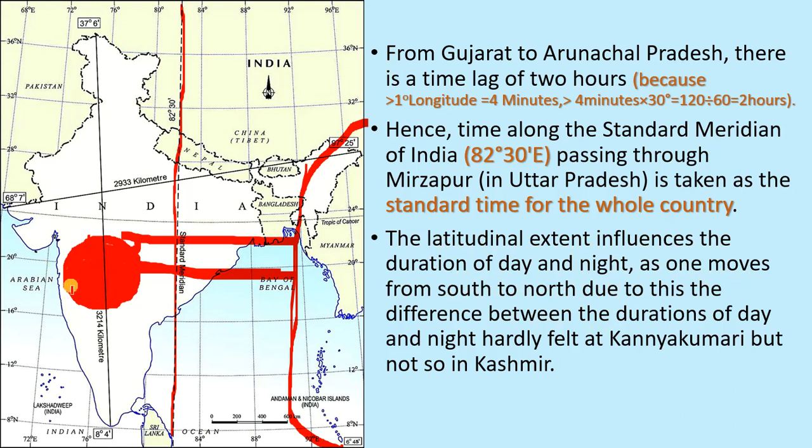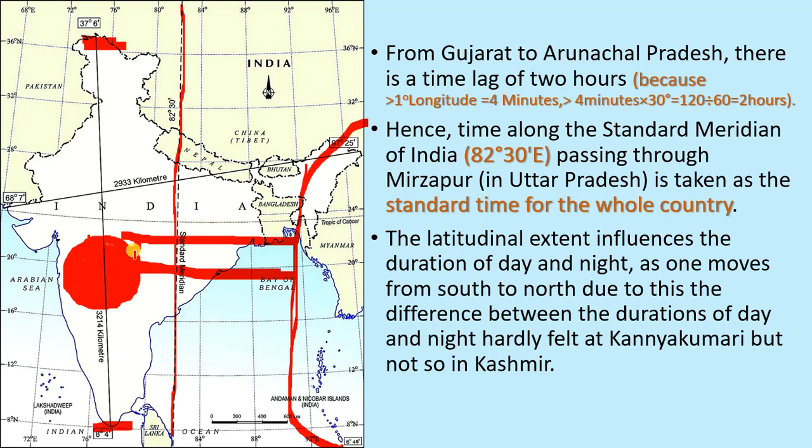In our country, the difference between the duration of day and night is hardly felt at Kanyakumari, but not so in Kashmir. The reason behind this is that Kanyakumari is nearer to the equator, and the Jammu and Kashmir area is away from the equator, and places away from the equator receive slanting rays, and due to that days and nights will be different.